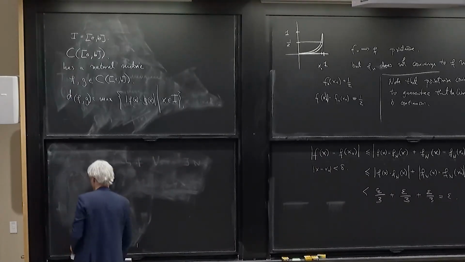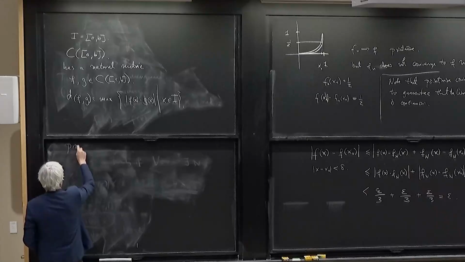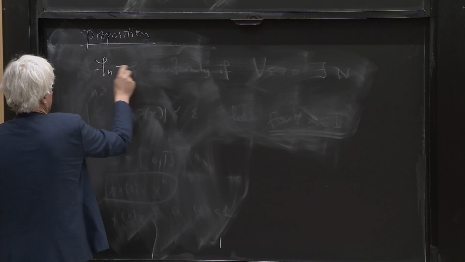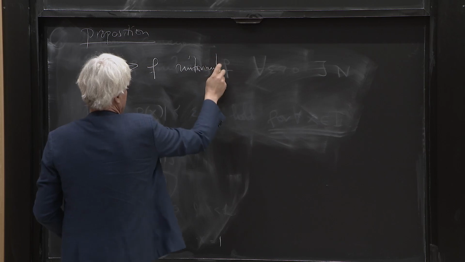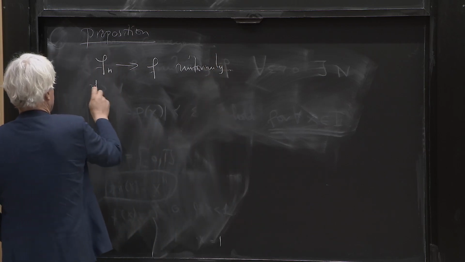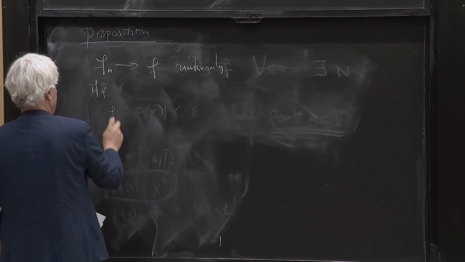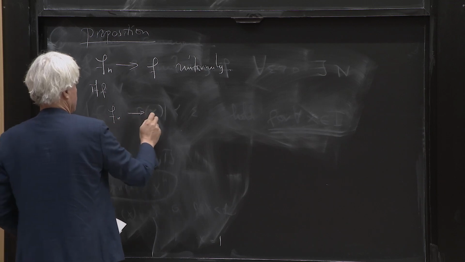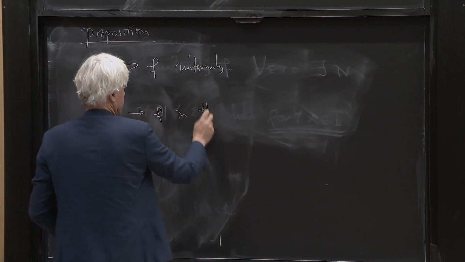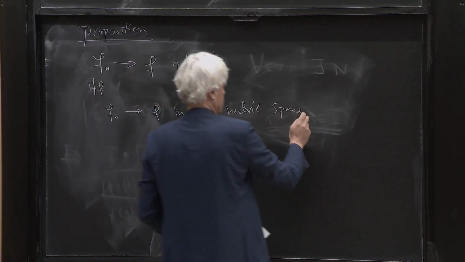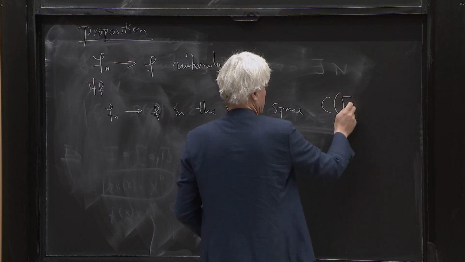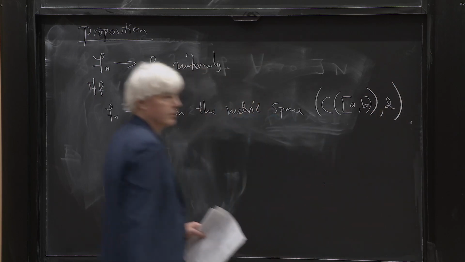So we have the following proposition. f_n converges uniformly to f if and only if f_n converges to f in the metric space, with this metric. Okay.